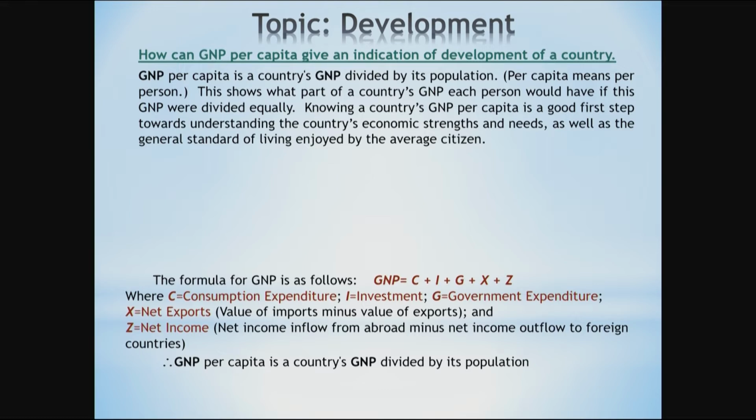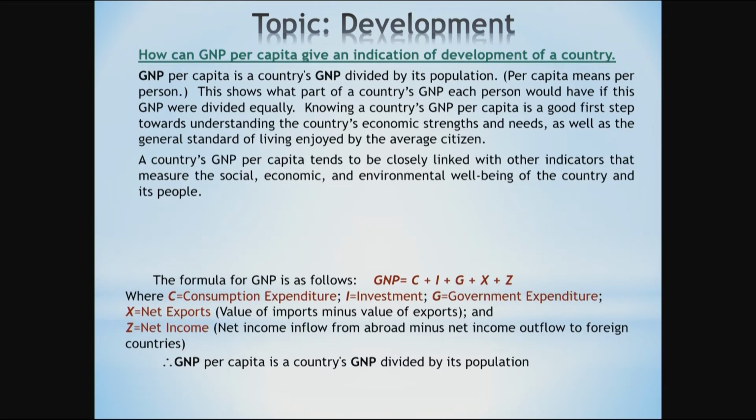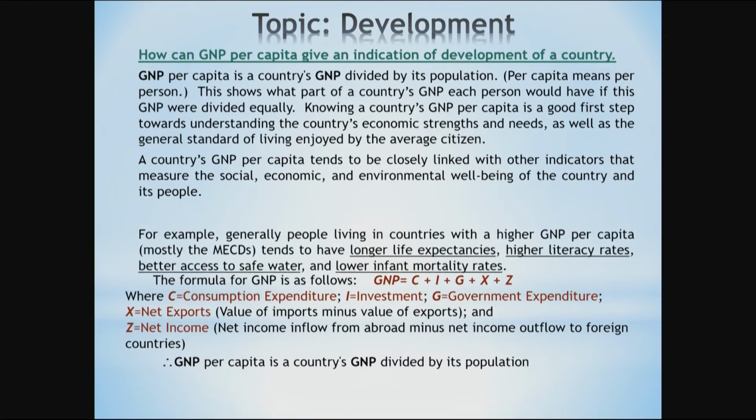Knowing a country's GNP per capita is a good first step towards understanding the country's economic strengths and needs, as well as the general standard of living enjoyed by the average citizen. A country's GNP per capita tends to be closely linked with other indicators that measure the social, economic, and environmental well-being of the country and its people.